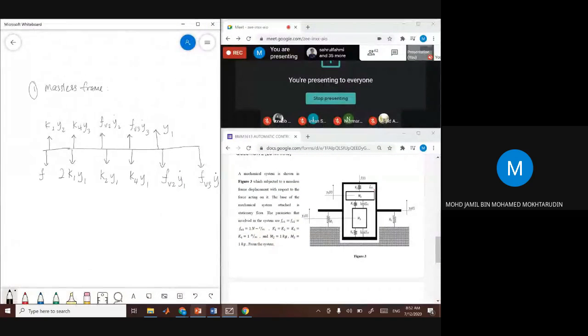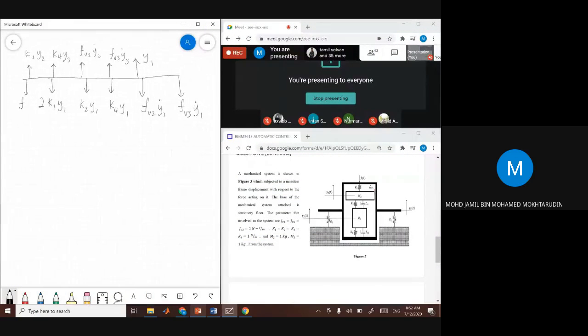Okay, let's do the second free body diagram. Y2. On Y2, we have K2, K3, FV1, FV2.